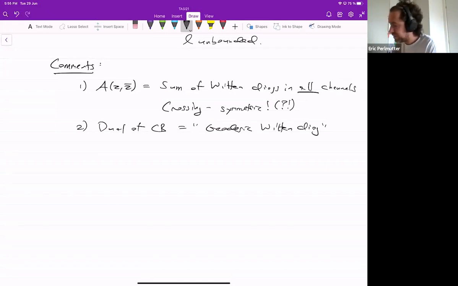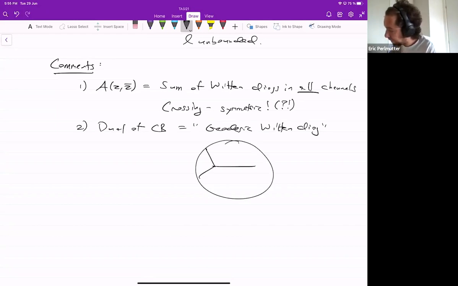And what is a geodesic Witten diagram? It's an exchange diagram where instead of integrating these points over all of AdS, you integrate them over geodesics that connect the pairs of boundary points, which I've drawn here as these orange dashed lines.